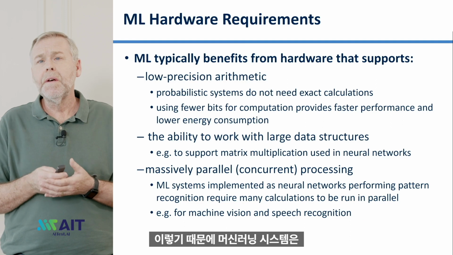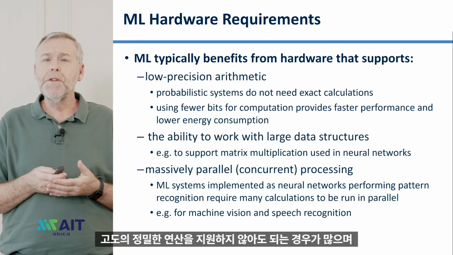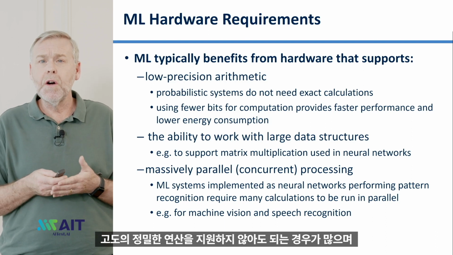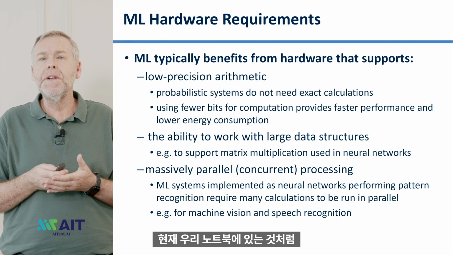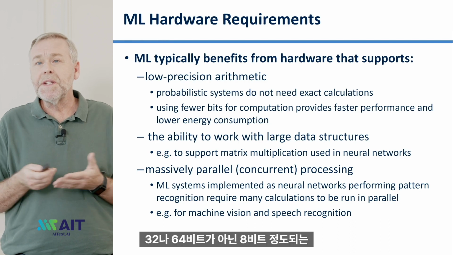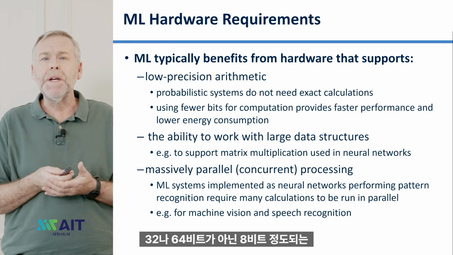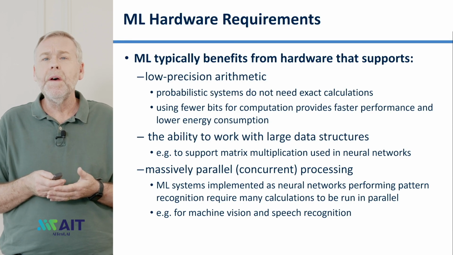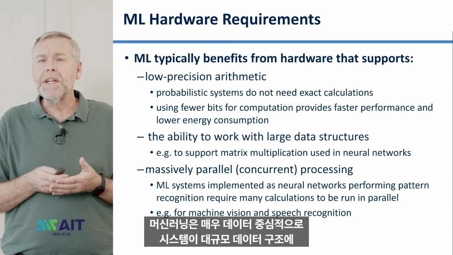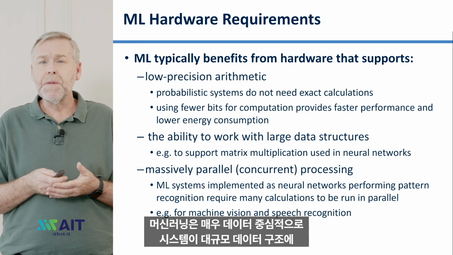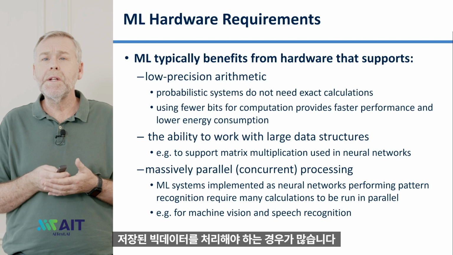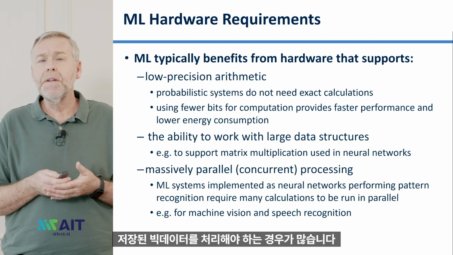As such, machine learning systems often do not need to support high precision arithmetic, and systems can be hosted on lower precision hardware, using fewer bits, for instance, with 8 bits instead of 32 or 64 bits, as most of us have in our laptops. Machine learning is very data-centric, with many systems needing to process large amounts of data, often held in large data structures.